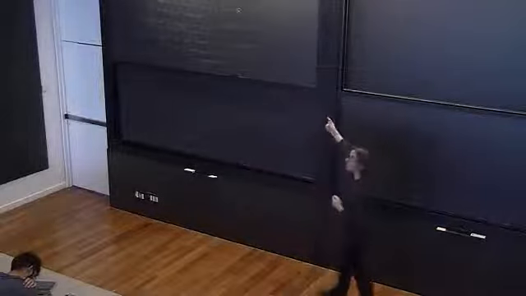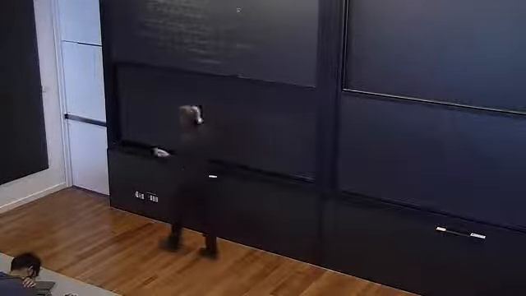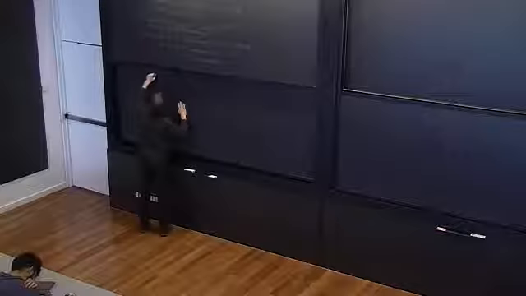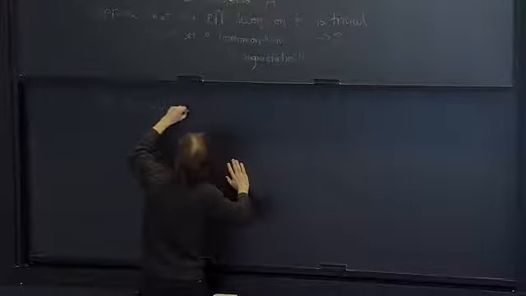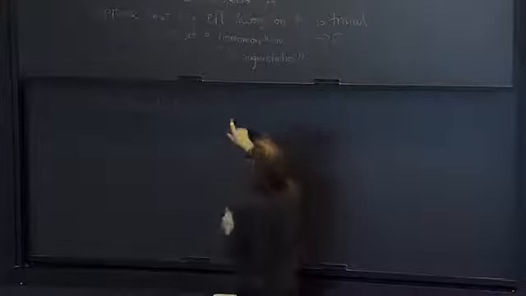Okay, so from this data, we can build another algebra called the Costello dual, A shriek.